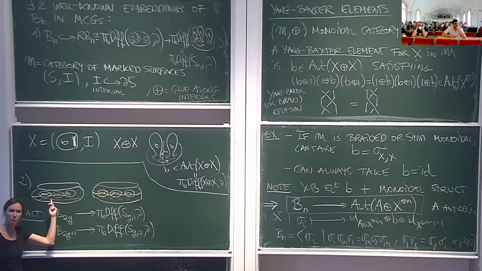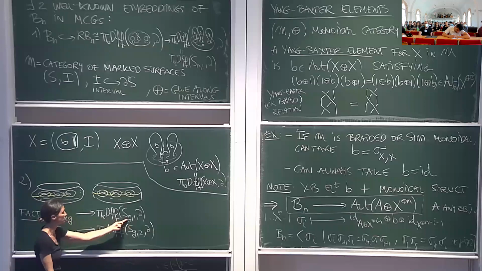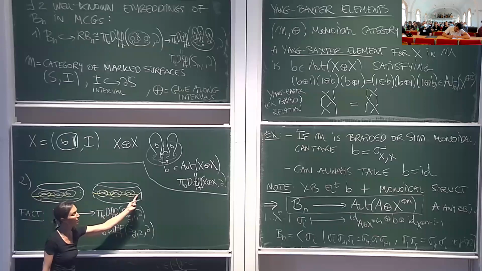So g is equal to 3 in the picture. If you count, there are 6 circles. This is g equal to 3 for this one, and g equal to 3 for that one. Because I closed it off here, I have one more circle.